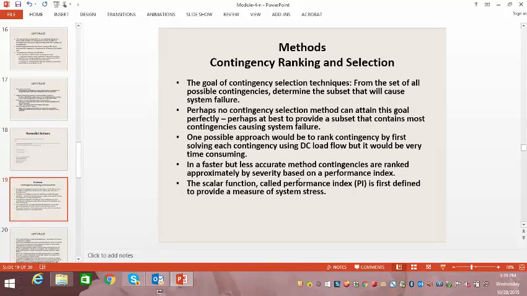Now coming back to the methods, if we take the contingency ranking and selection, we need to realize the goal of the contingency selection techniques. What's the ultimate goal? The ultimate goal is that we have a large set of states, which are the set of all possible contingencies, and we want to determine the subset that will cause system failure.